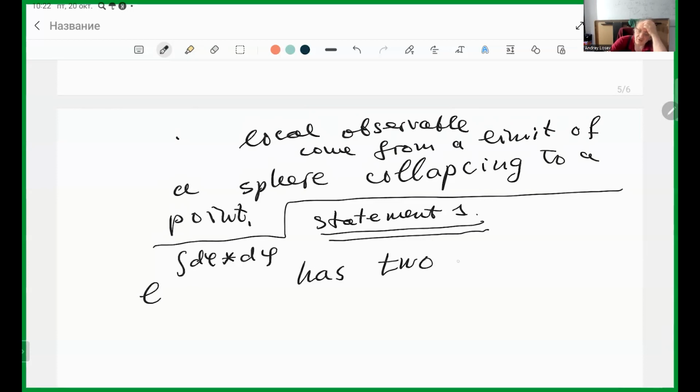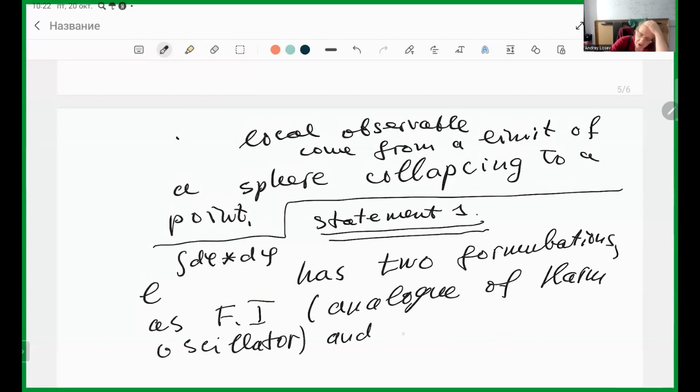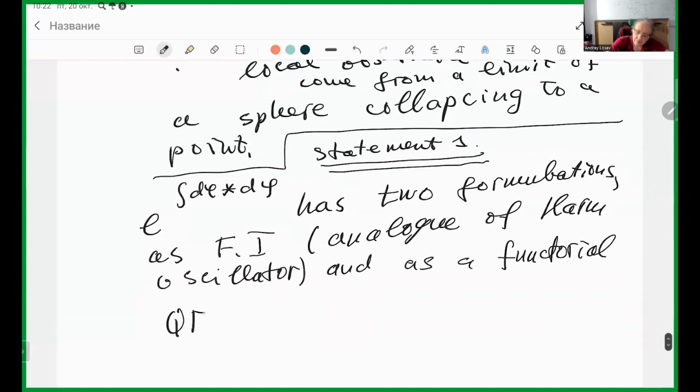Statement 1: as two formulations, the functional integral is just an analog of the harmonic oscillator, and the functorial one is an analog of e to the th.